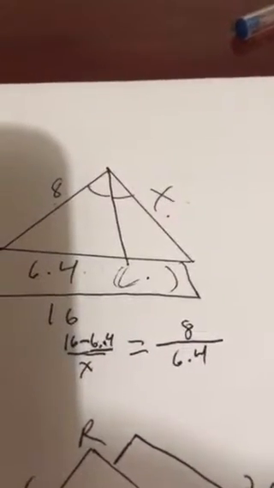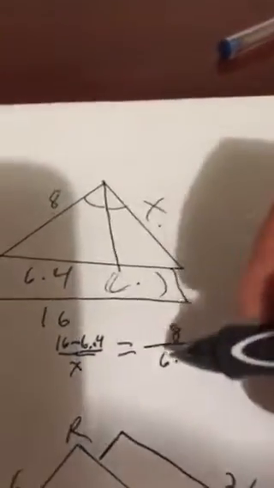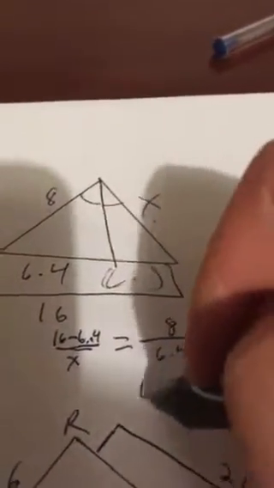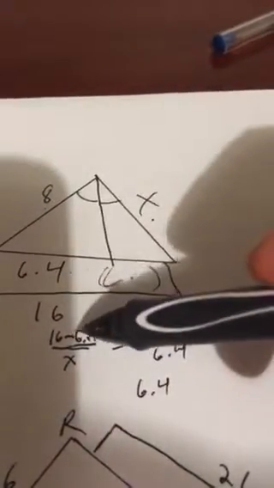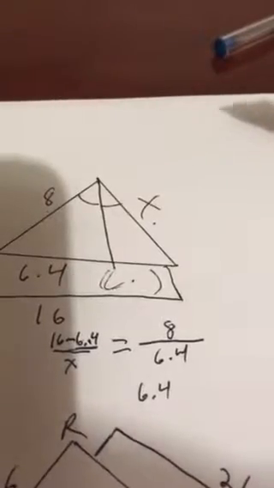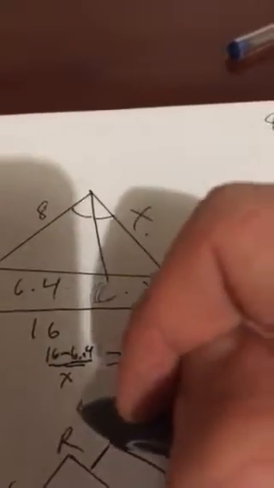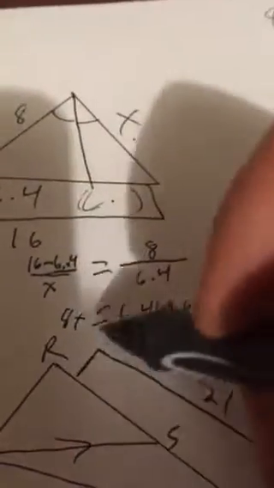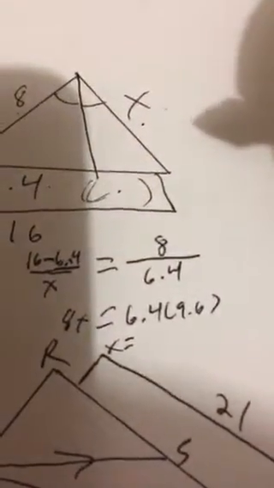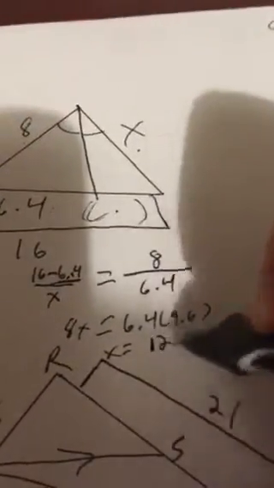And when you multiply those out, you should get 6.4 times, let's see, what is 16 minus 6.4? We take away the 10, so we're going to be at 9.6, okay? 6.4 times 9.6 equals 8x. All right, equals 8x. You should get x equals 12.